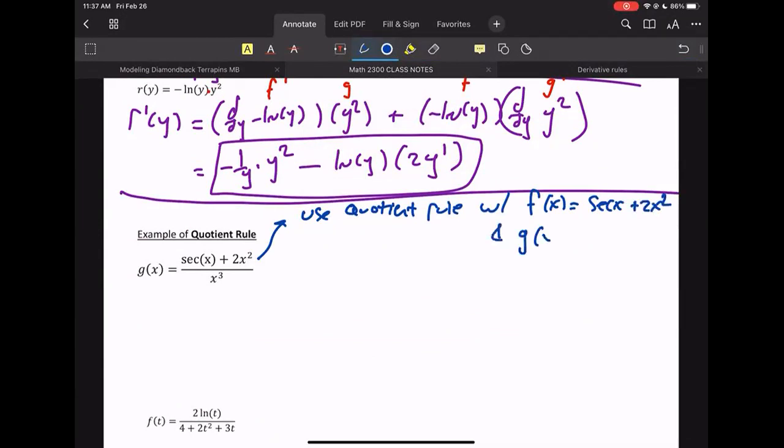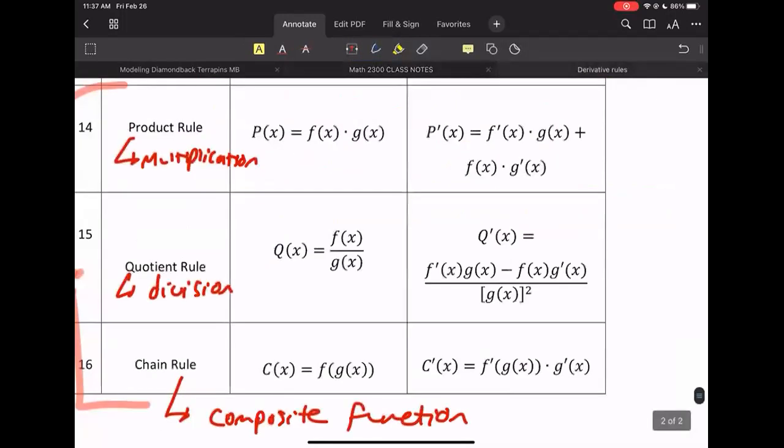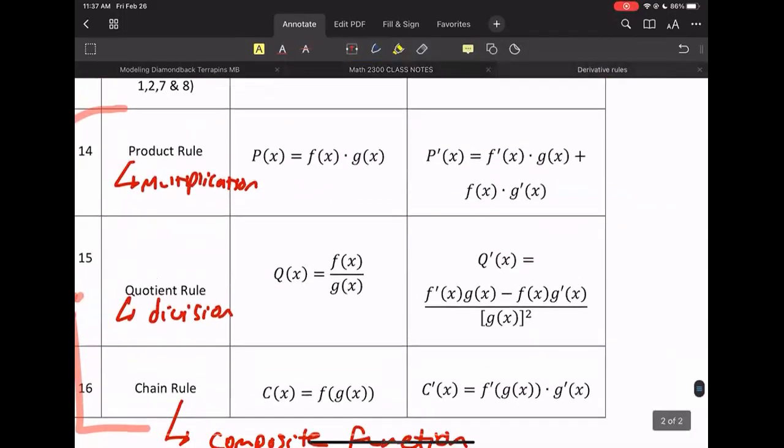And g is just the entire bottom. And so yeah, the numerator is itself the sum of two things. But the point is, when we look at the rule, f is the entire numerator, right? Whatever's in the top, we just say it's f.